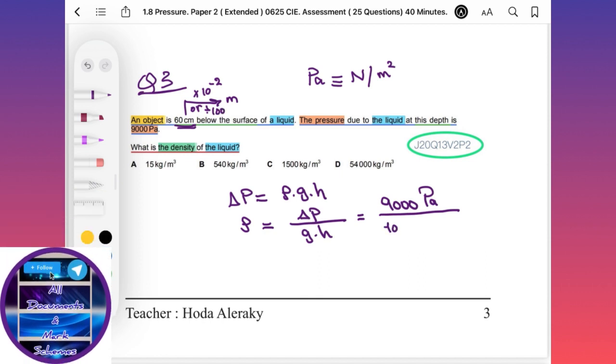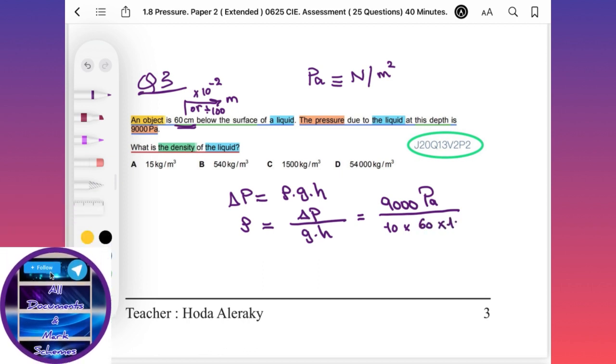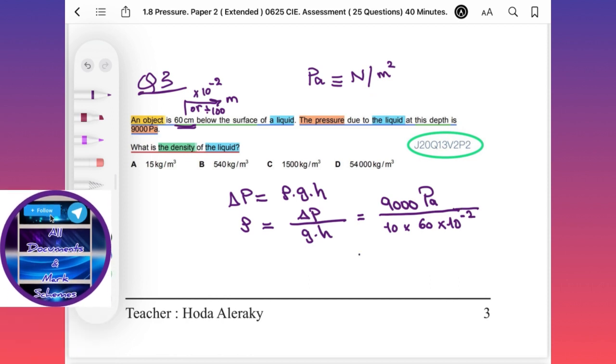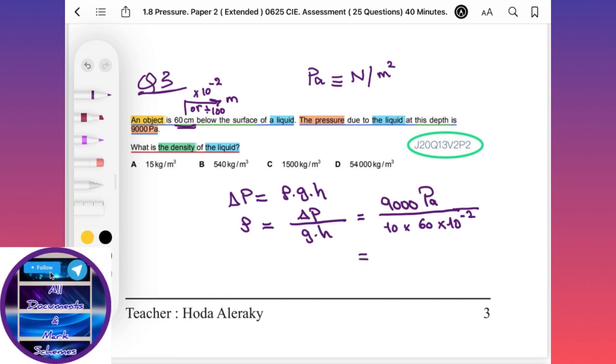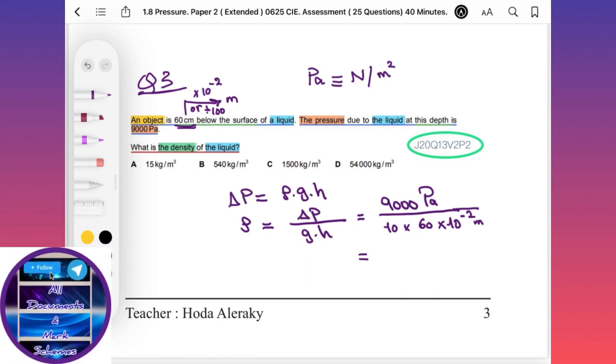So g is equal to 10. You have 60 times 10 to the power of negative 2. Simplify.